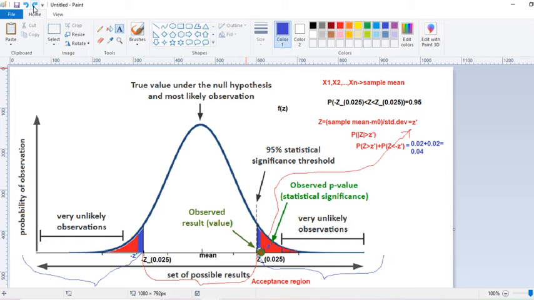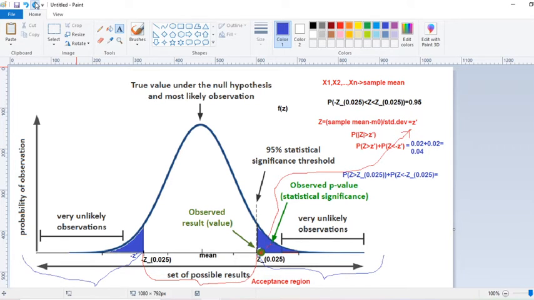Again we look at the points. What are the points? Minus z 0.025 and plus z 0.025. In that case we can add these probabilities. Exactly what are these probabilities? This will be the area of this right region plus the area of this left region.